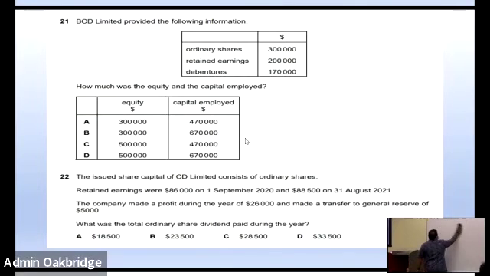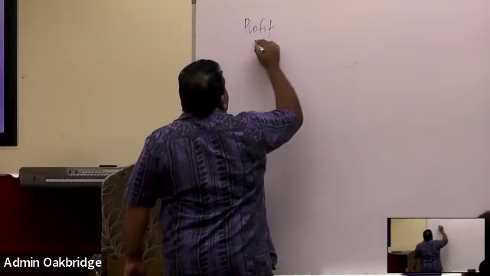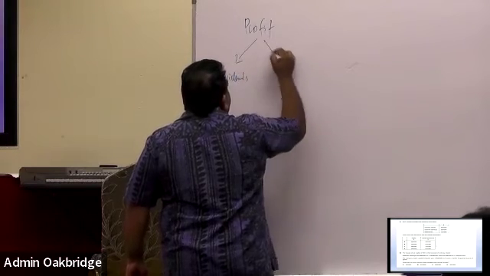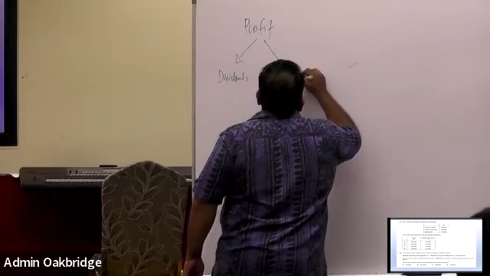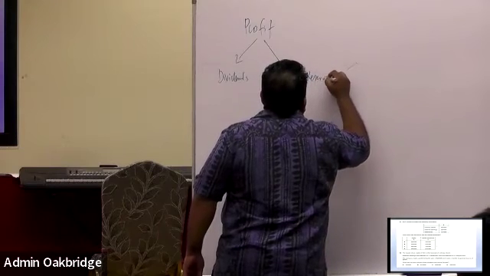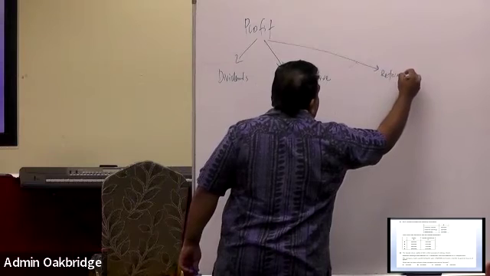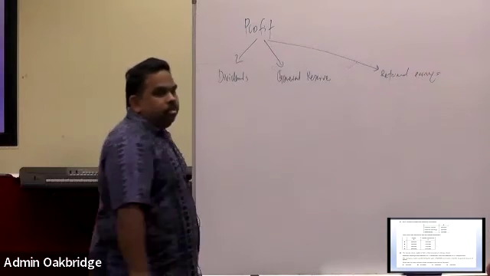What you must understand is, from profit, you are paying dividends and transfer to general reserve. And then the final balance goes to your retained earnings. Okay?